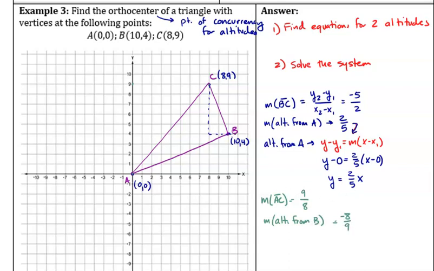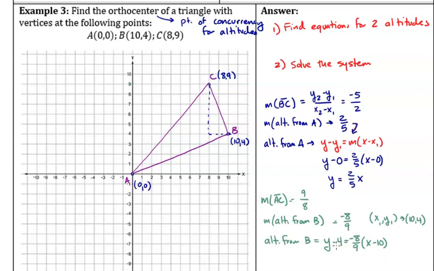And then the altitude also contains point B, so x1, y1 would be (10, 4). So if I now want to find the equation of the altitude from B, it's going to be y minus 4 equals negative 8 over 9 times x minus 10.